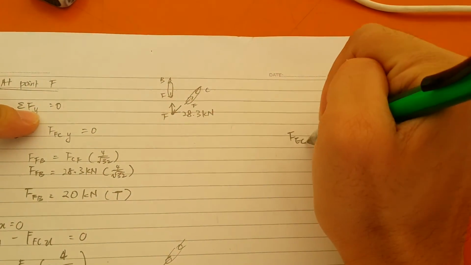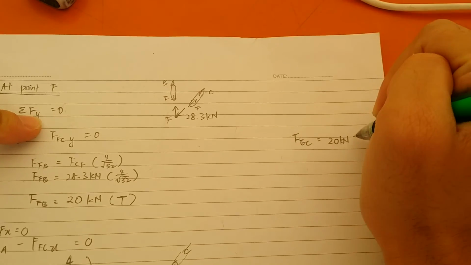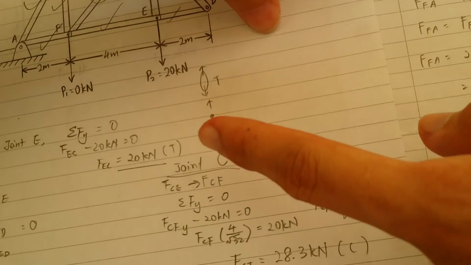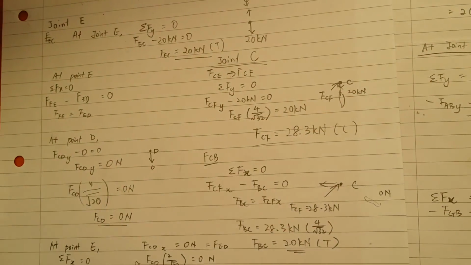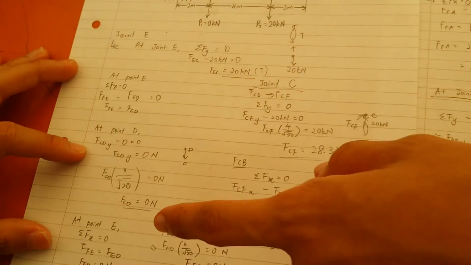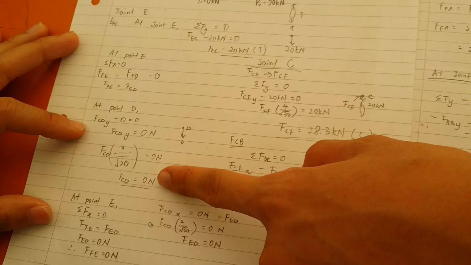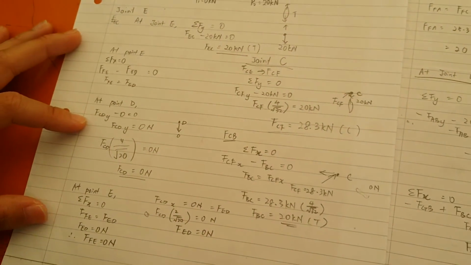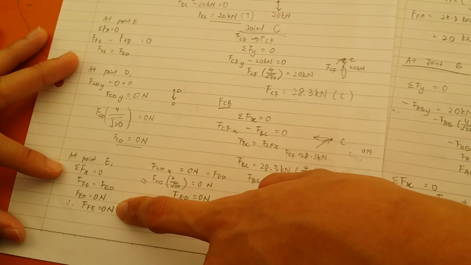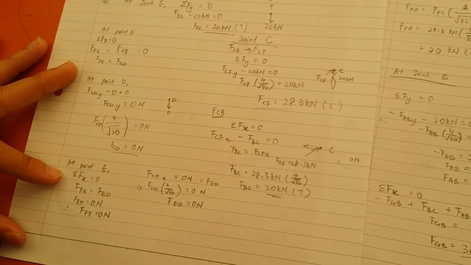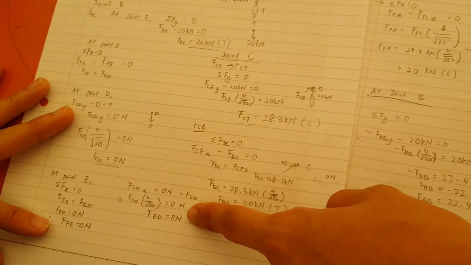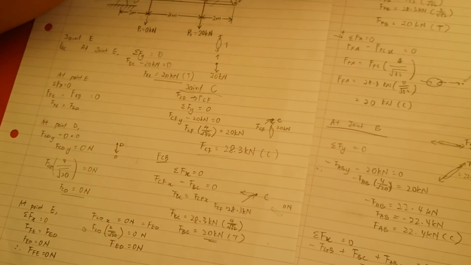FEC is equal to 20 kilonewton tension, and then FCD is equal to 0 Newton, and then FFE is equal to 0 Newton as well, and due to FFE being equal to 0 Newton, we get FED also equal to 0 Newton.